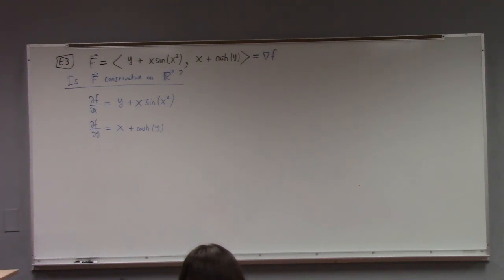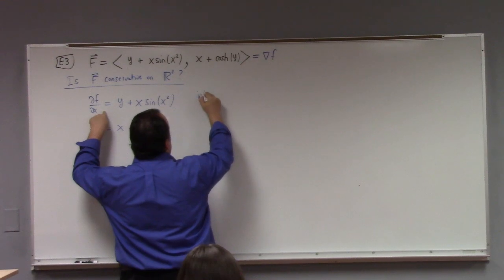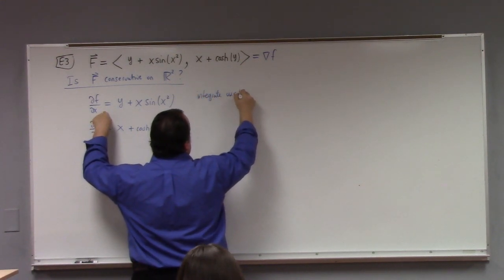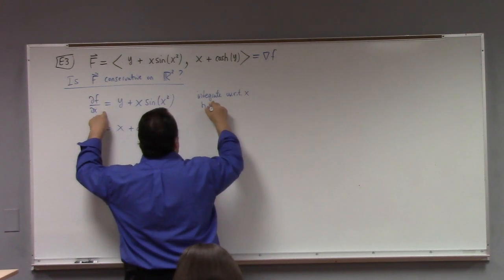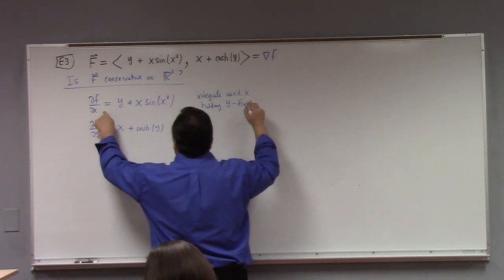That one's a little bit more rigorous, because that method will fail when it's impossible. So let's try the more rigorous method for the moment. If we integrate this with respect to x, holding y fixed, what do we get?